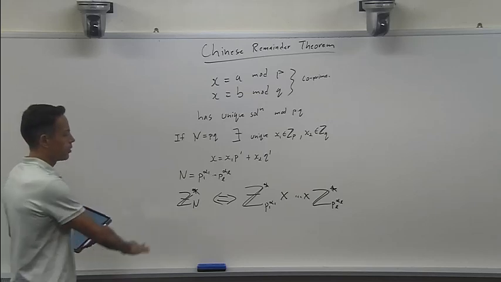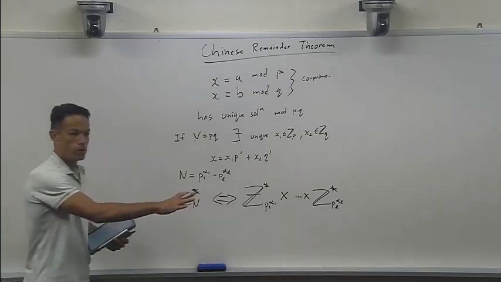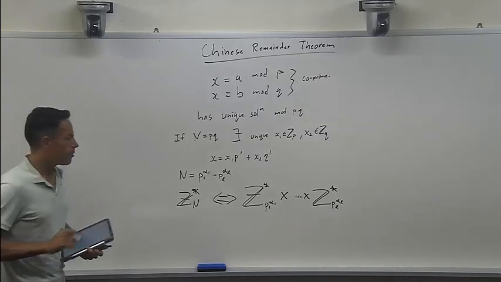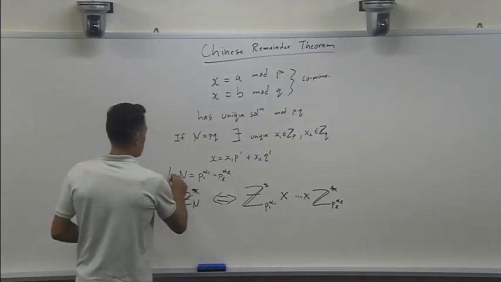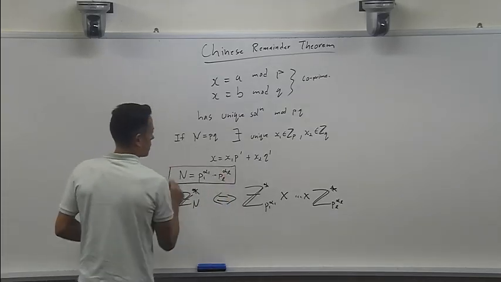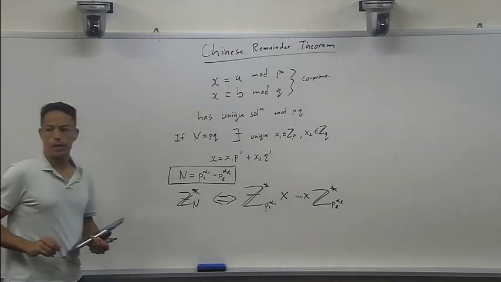We have the option to work in whichever one of these we want to and then recombine. Provided, of course, that we know the factorization of n. That's a really critical thing.